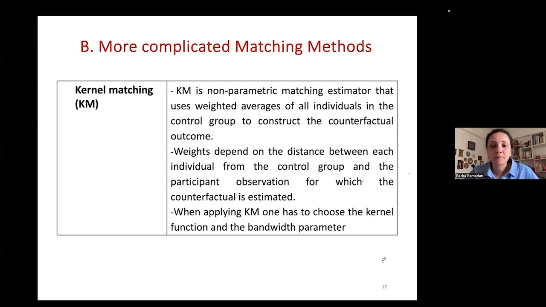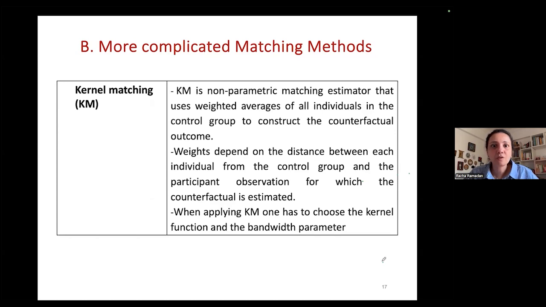And again, the kernel function has different kernel functions and a bandwidth parameter, and the bandwidth parameter affects how smooth the kernel function is.